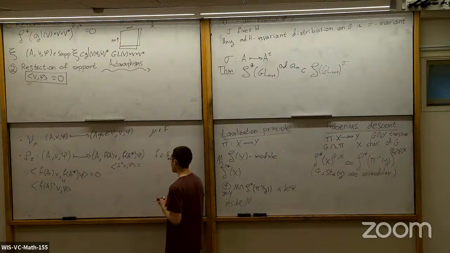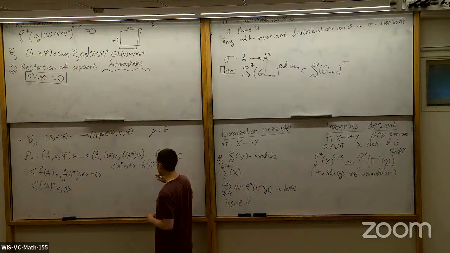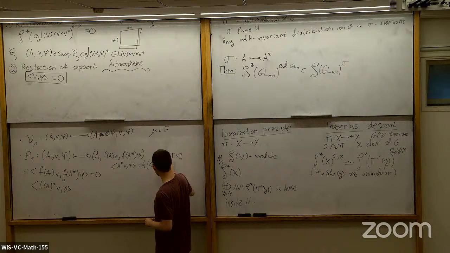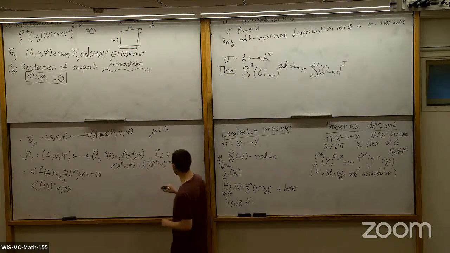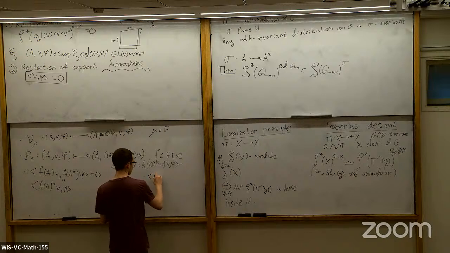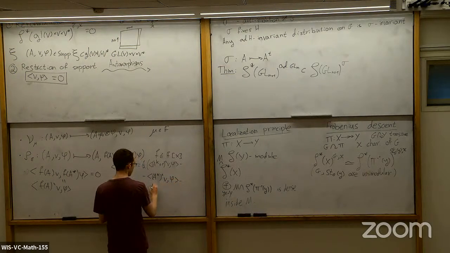Why is that? We can write it as one half of <A^(2k) v, phi>, so maybe <(A^(k+1))^2 v, phi> minus <(A^k)^2 v, phi> minus <v, phi>.